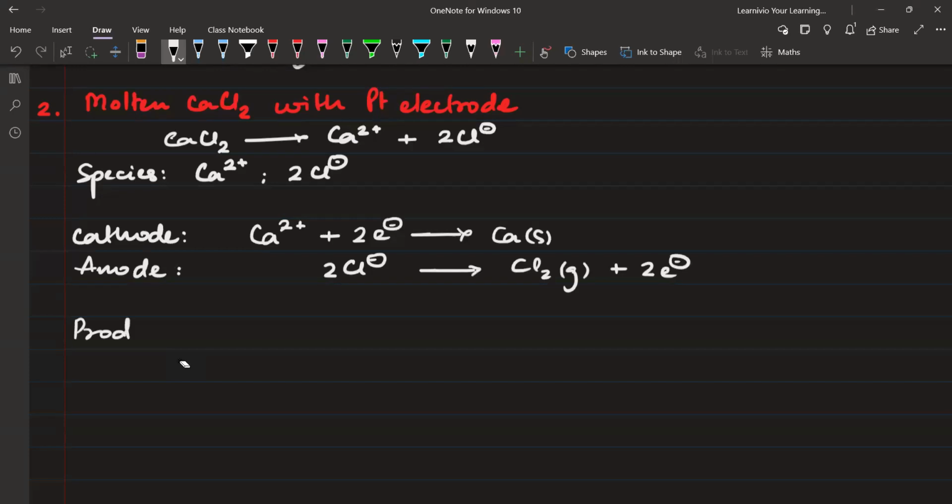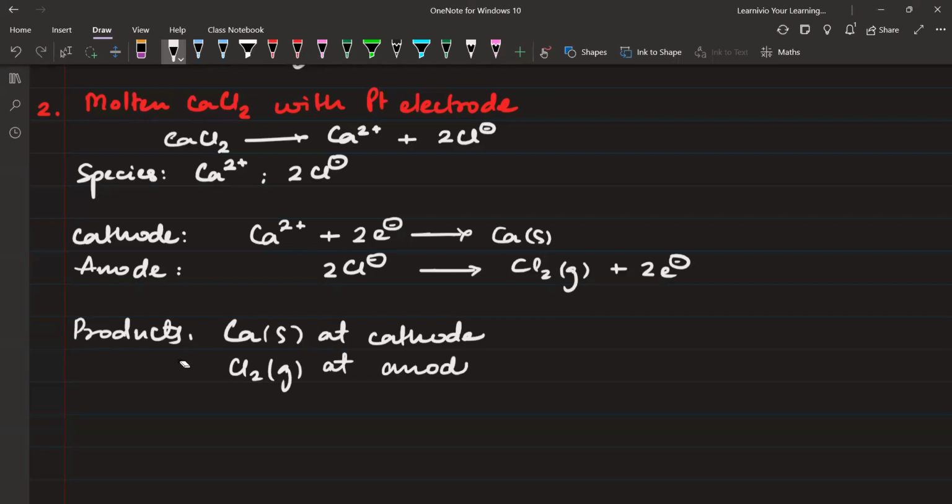So the products will be calcium and chlorine gas. Done, let us move ahead.